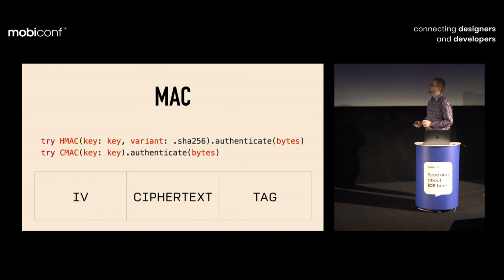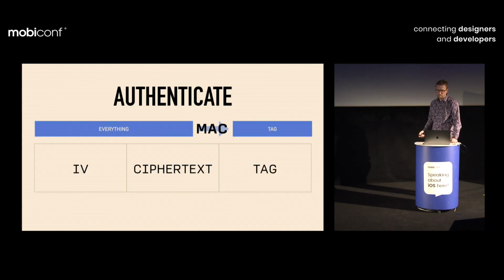How do you use it? Let's say you have a ciphertext with the IV, and you calculate a tag around all of this message. Then when you decrypt, you check if the tag you calculated matches the tag you got, and so whether the ciphertext was modified on the way. Yeah, that's how it works.